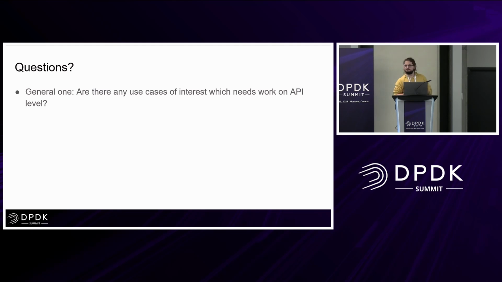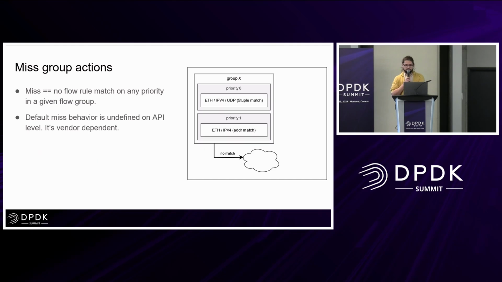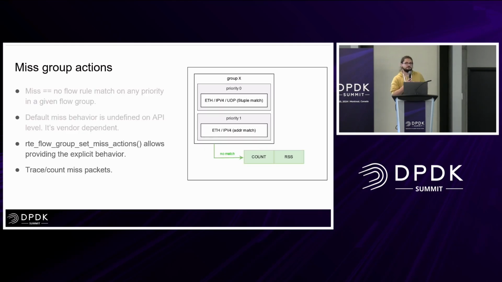Any questions? Any needs to suggest? On your example of the group miss action, what's the difference between that and just adding a priority to a rule that matches anything with a set of actions? That's a very good question.